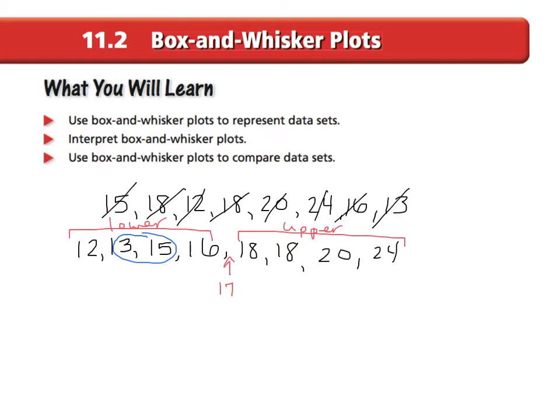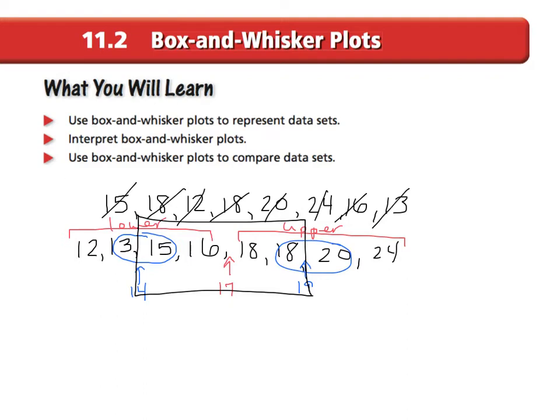So it would be 14, would be the median of the lower set of data. In the upper set, we take the 2 middle numbers, divide by 2, the median would be 19. Now this essentially is your box, where the box and whisker comes from. This is our box from the first and last medians.